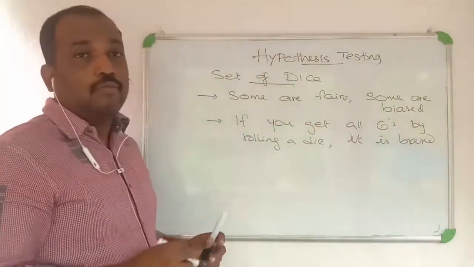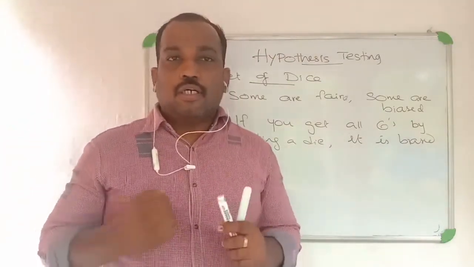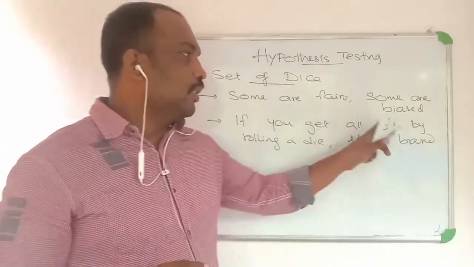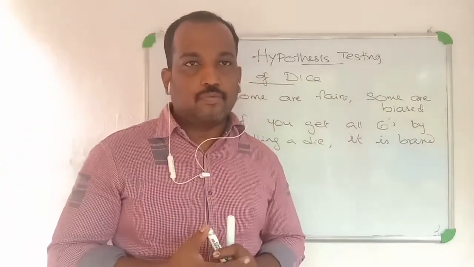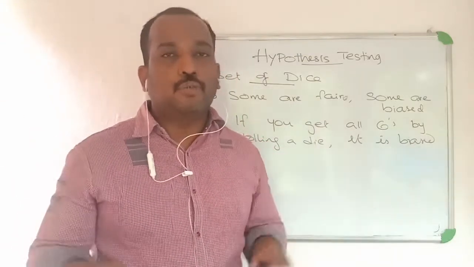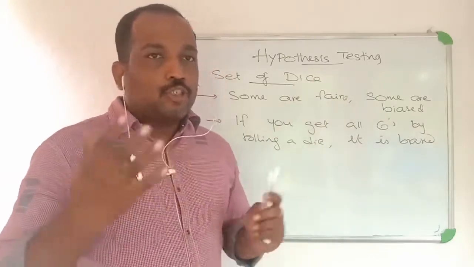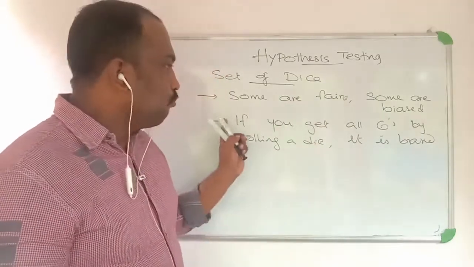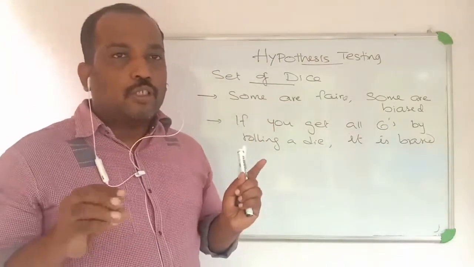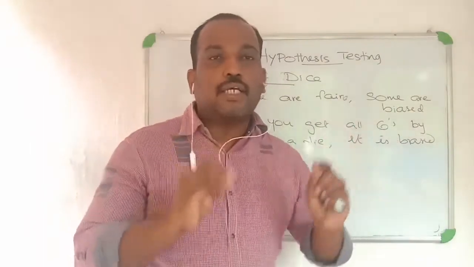Suppose I roll a die N number of times, and every time I get only 6. Here I can say my die is biased towards 6. So in this example, I have made a condition: if all the throws, all the experiments, give me the number 6, then my die is biased.